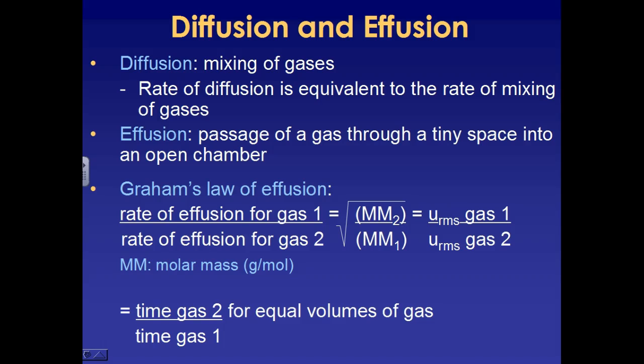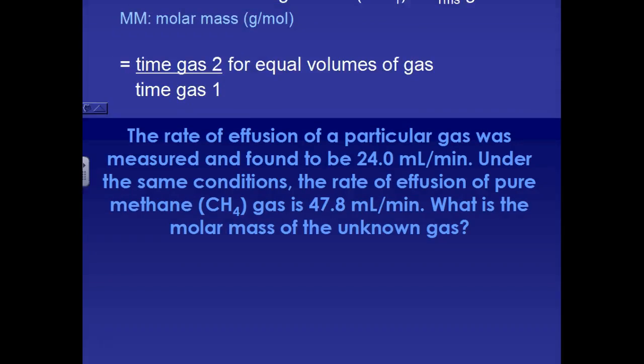If they're moving at a faster speed, they're going to be able to effuse more rapidly. If you happen to have equal amounts of the gases, because rate is the amount that it's moving over time, then the times and the molar masses would be directly proportional after you account for that square root function.